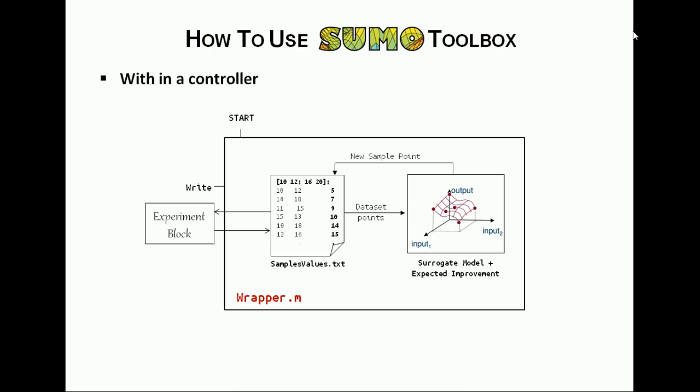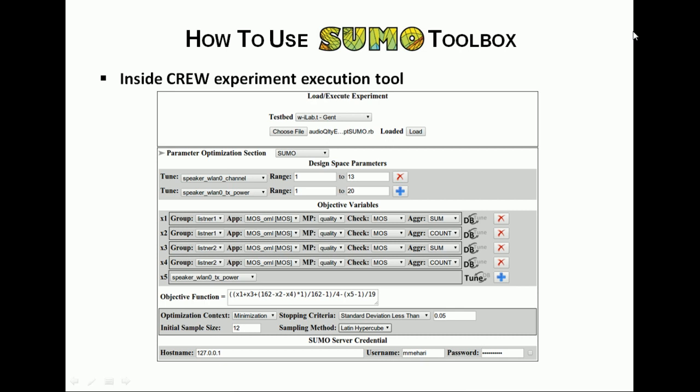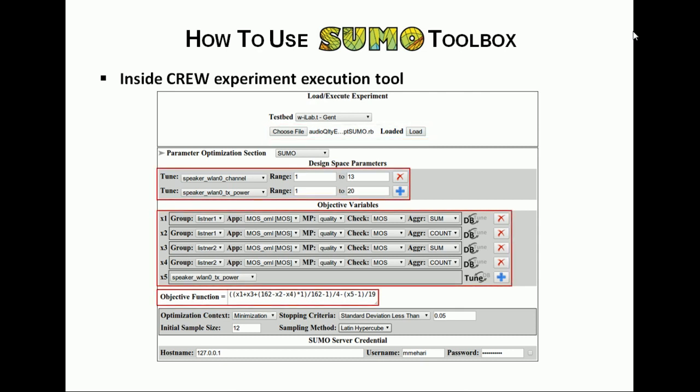The other option you have is to use the CREW execution tool. The modified SUMO toolbox is one of the many optimizers integrated. The execution tool interface is web-based, and optimizer configuration is started once an experiment description file is passed. This file contains a list of design parameters that are going to be tuned, and objective variables from which we create the combined objective.